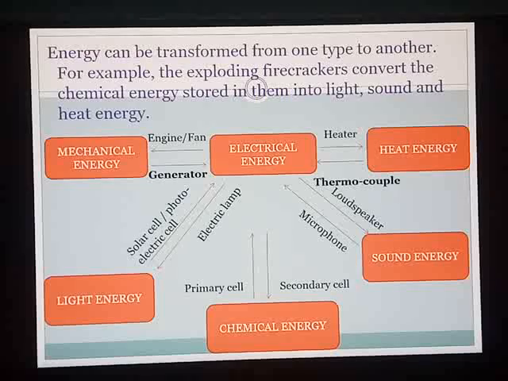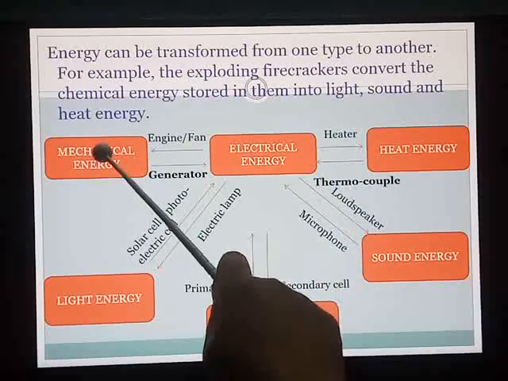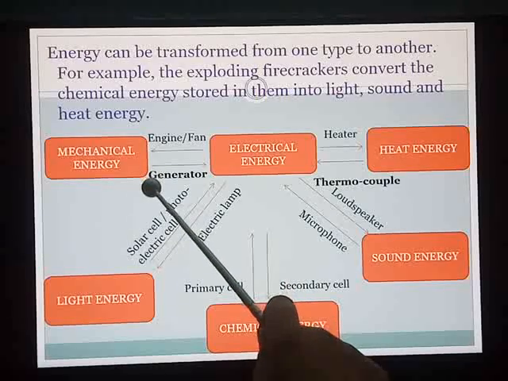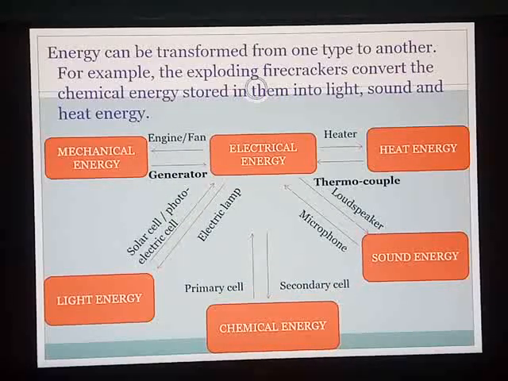And when the current goes away, when the power supply is off, this mechanical energy is converted by your generator or small inverters in your house into electrical energy. And then whichever devices are attached to it, they start working. So these are the different examples which confirm that yes, surely energy can be transformed from one form to the other.